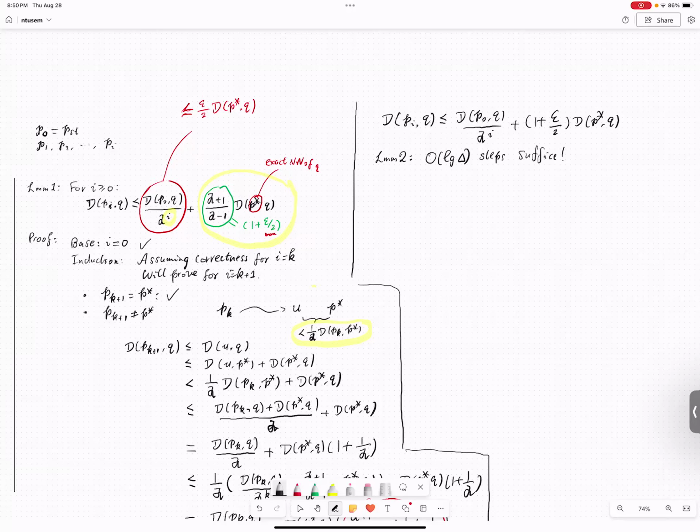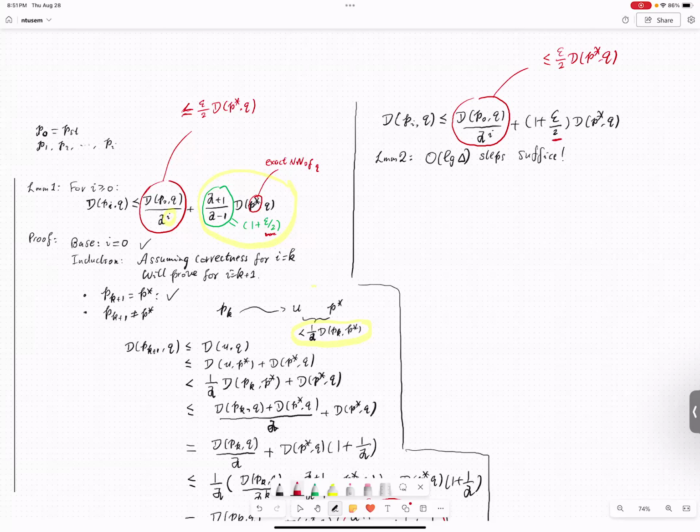Let me first tell you, I have already explained before that we would like this term to be bounded by epsilon over 2, and then d p star q. So I cut myself a slack here, as you can see, epsilon over 2.